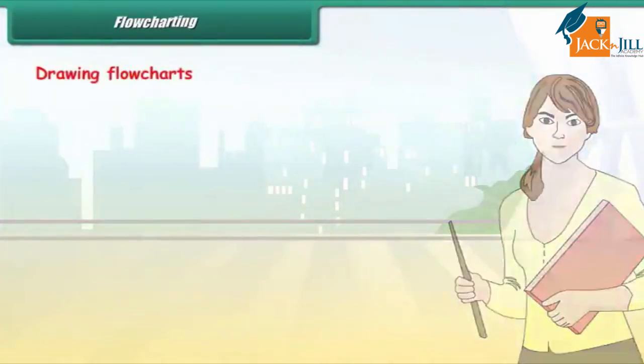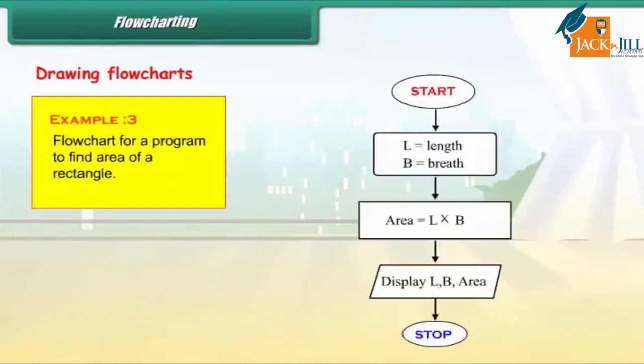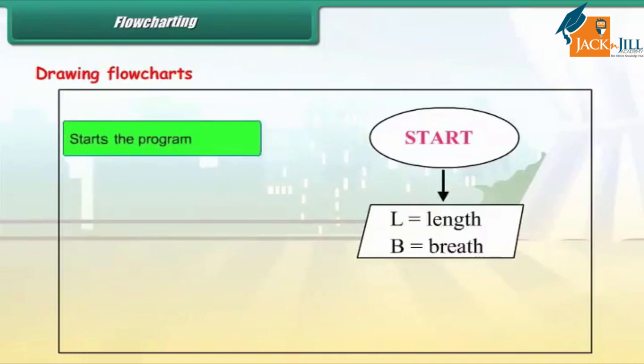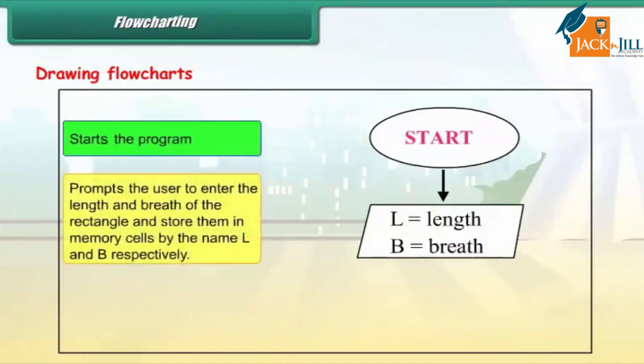Example 3. Flowchart for a program to find area of a rectangle. Starts the program. Prompts the user to enter the length and breadth of the rectangle and stores them in memory cells by the name L and B respectively.